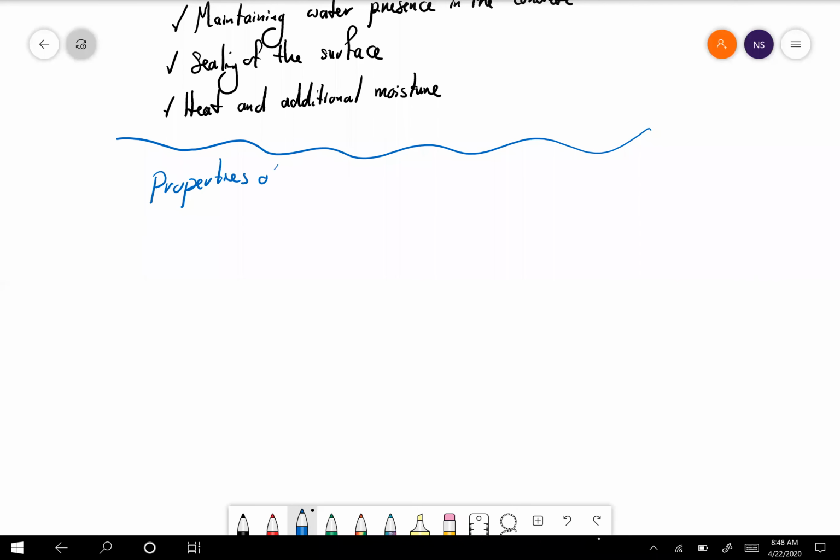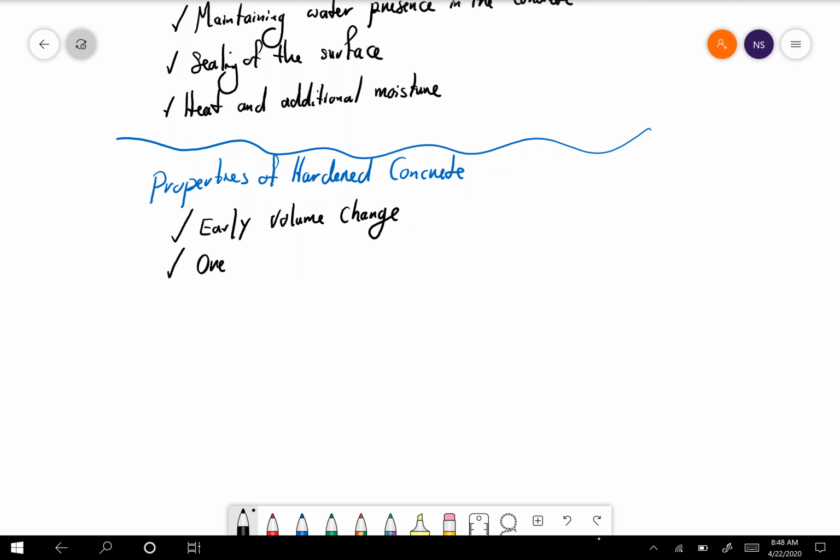So properties of hardened concrete. Now, there are different things happening to the hardened concrete. The first thing is that there's a volume change, so early volume change that is happening to the concrete, and there is a shrinkage process.